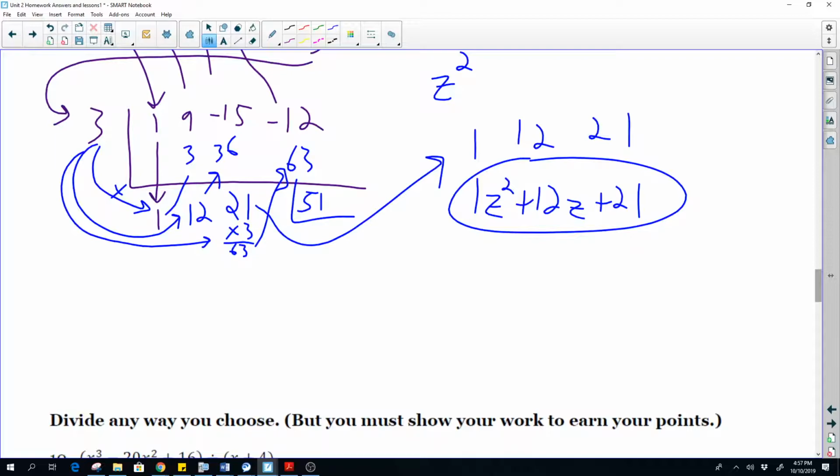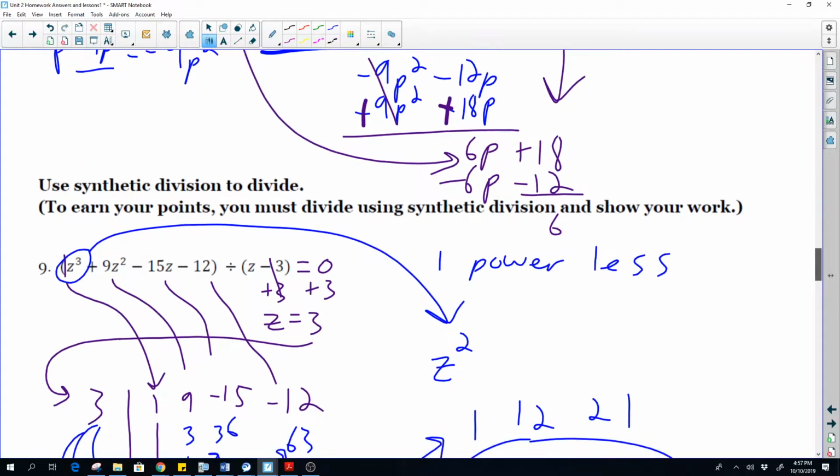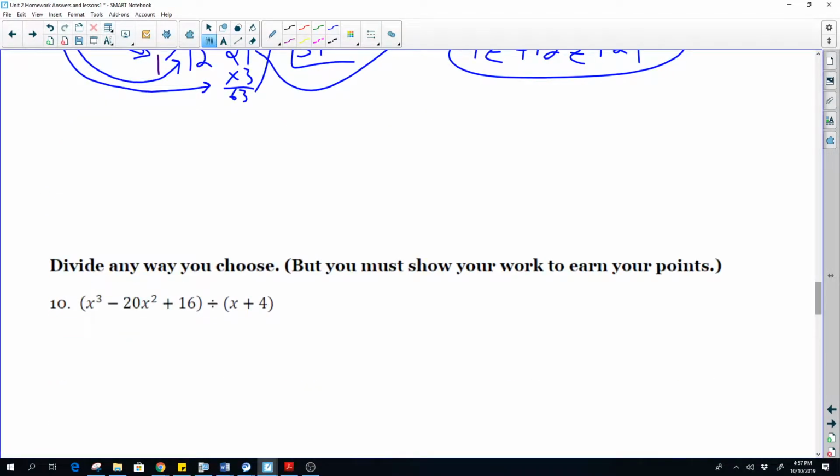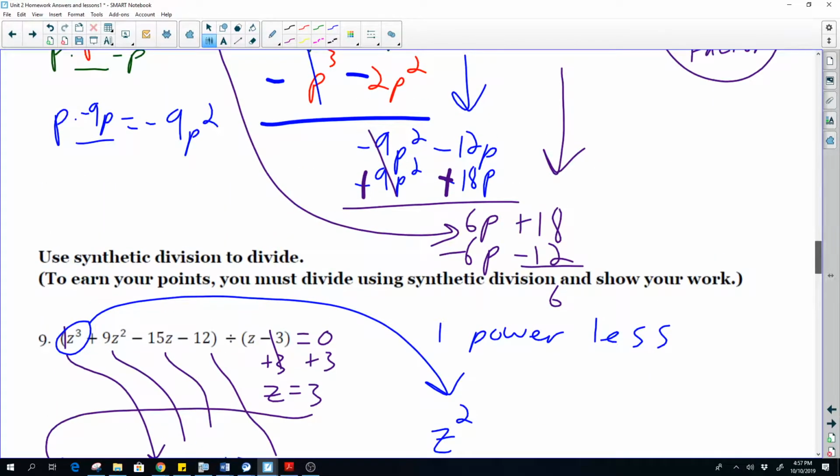So let's see here. We're going to do one last one, then we'll let you rip away there with the vacuum. So we're on number 10. It's actually number 11. The person who gave this to me forgot to tell you with the numbering, you guys. Sorry about that. So that's supposed to be 11, and this one was supposed to be 10. They messed up on this worksheet with the numbering.